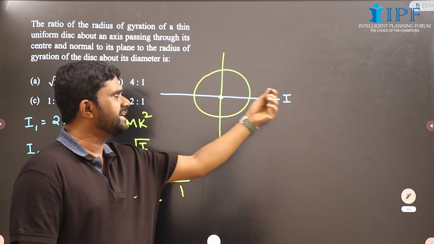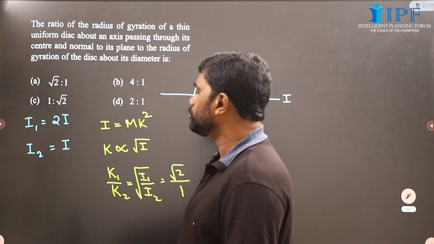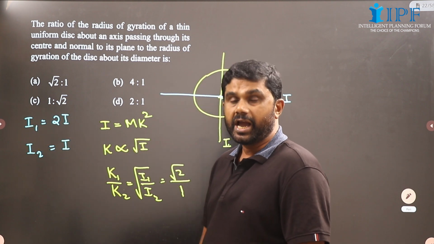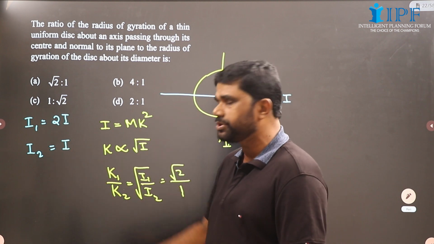This is the first axis and diameter is the second axis. So the moment of inertia about the first axis, I1 equal to 2I, and about the second axis I2 equal to I.